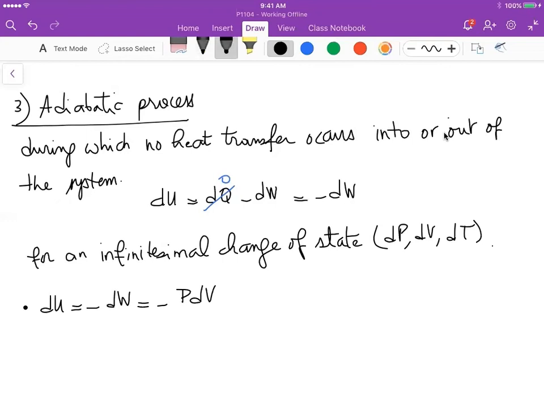We also know that for an ideal gas, the variation of the internal energy is equal to n Cv dT. If you combine these two equations, you end up with n Cv dT equal to minus P dV.